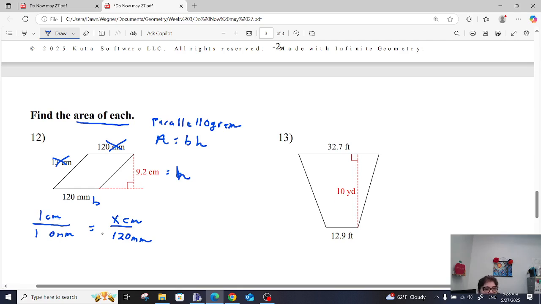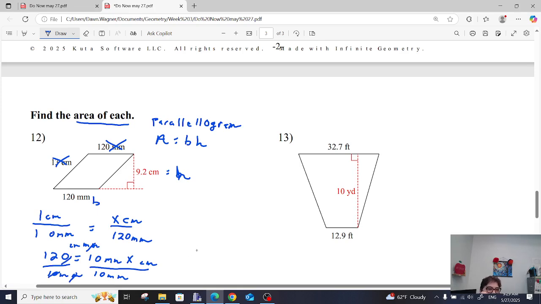So 1 centimeter times 120 is 120. And then this is 10 millimeters times x centimeters. So when I divide by 10 millimeters, the millimeters cancel.